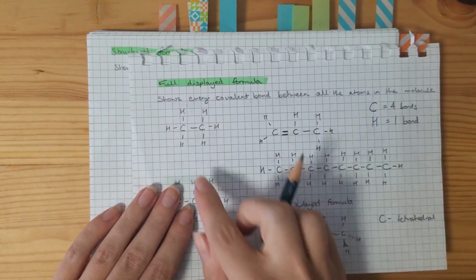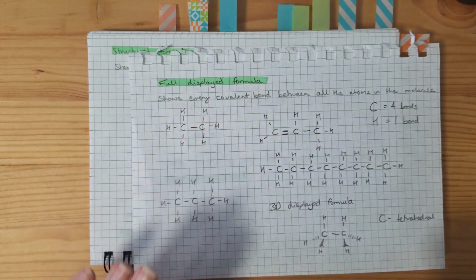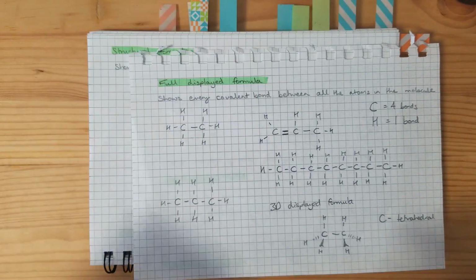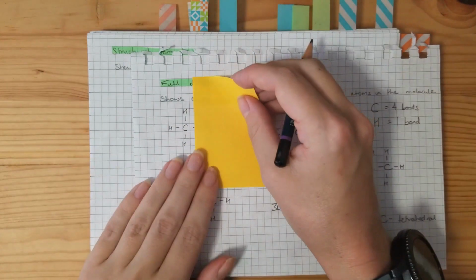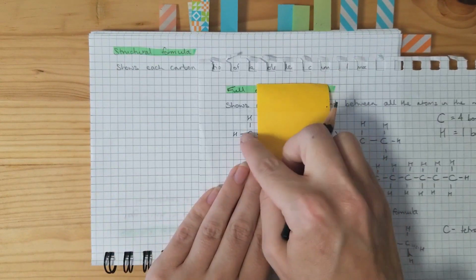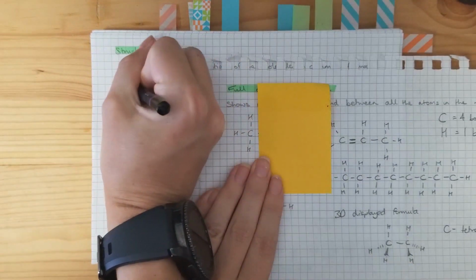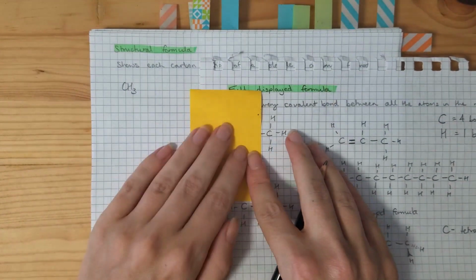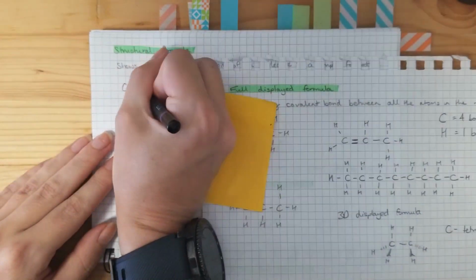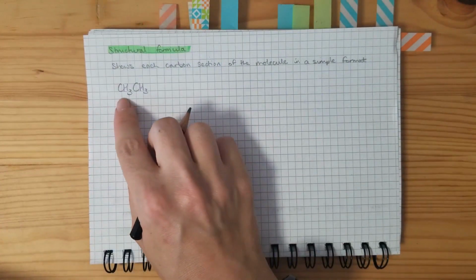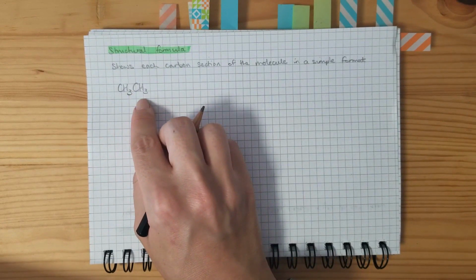We can write down what each carbon segment would represent, so then we still know the shape of it. For example, my first carbon segment is a CH3. That's what's attached to that first carbon. So we would write CH3 as our structural formula, and then my next carbon segment is a CH3 as well. So my structural formula for my C2H6 would be a CH3 attached to a CH3.